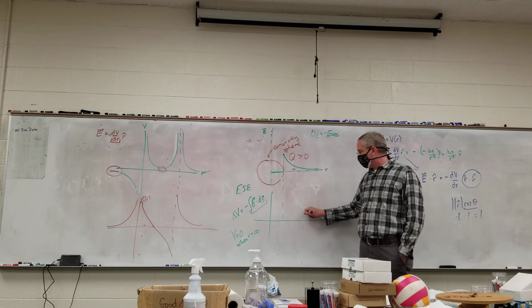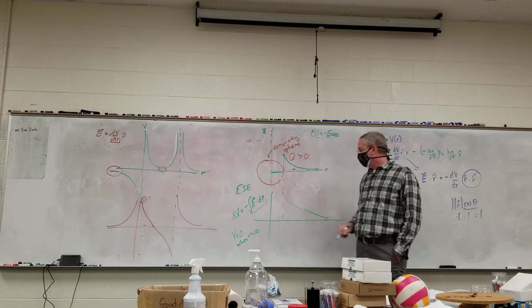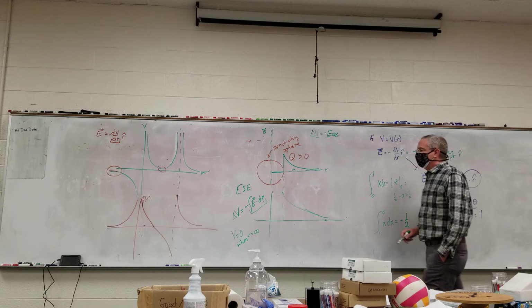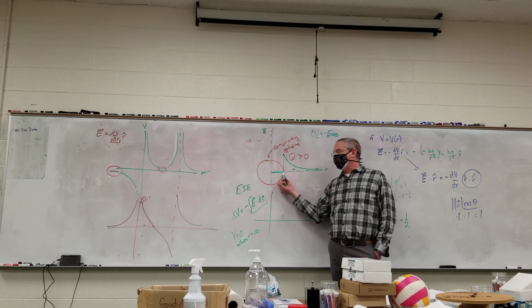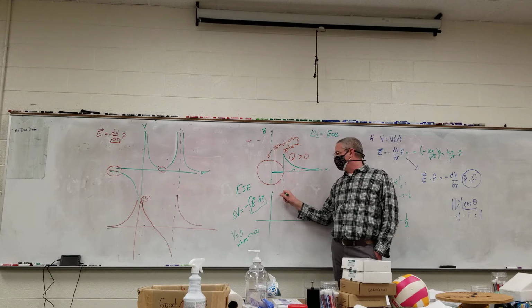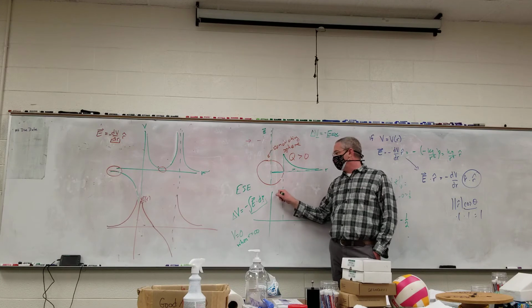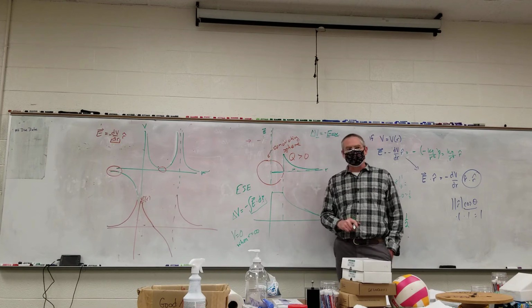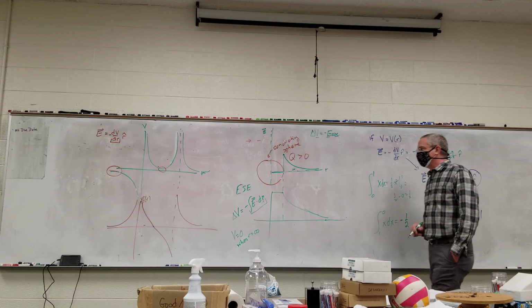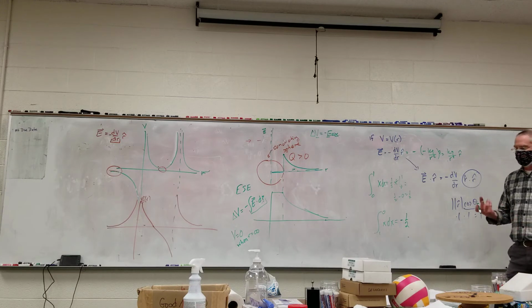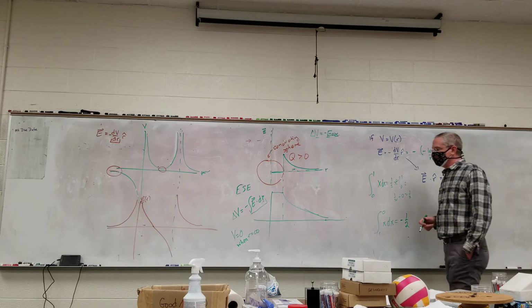We're gonna work it backwards in just a second to double check. And then my area does not change one bit. So therefore my potential, once I get to the surface, becomes constant. Everything inside my sphere is at the constant potential.